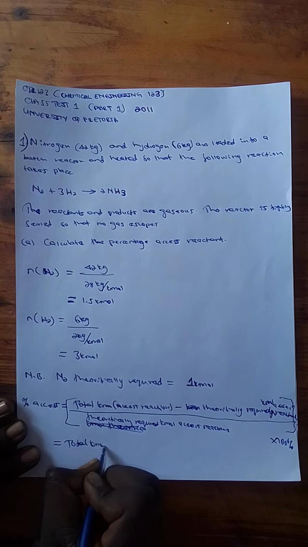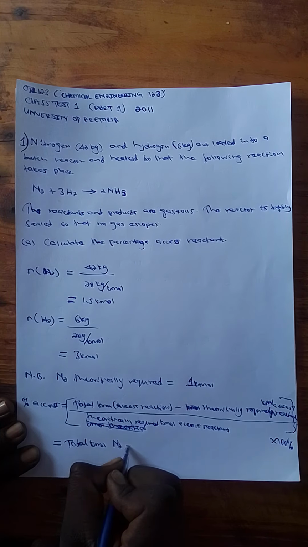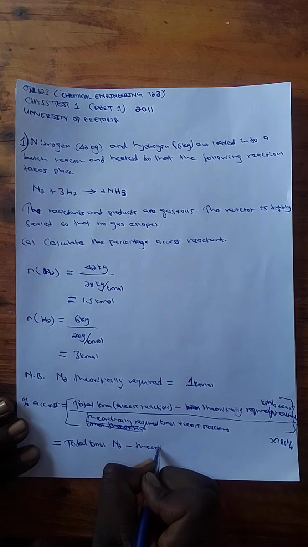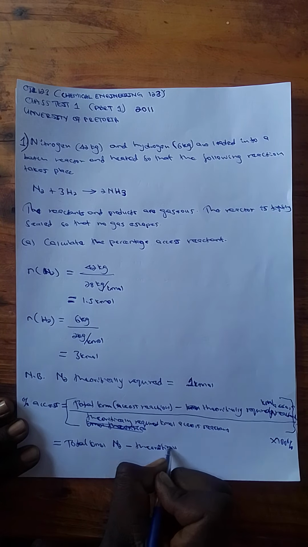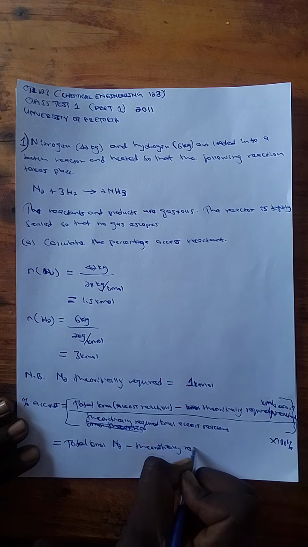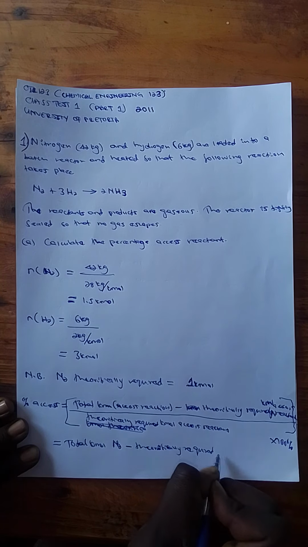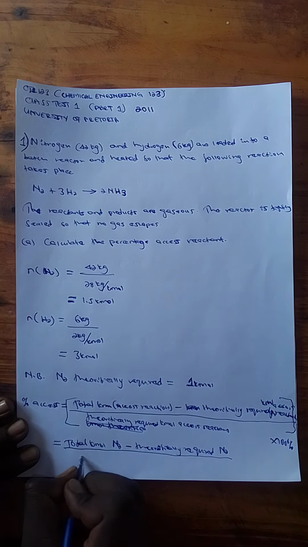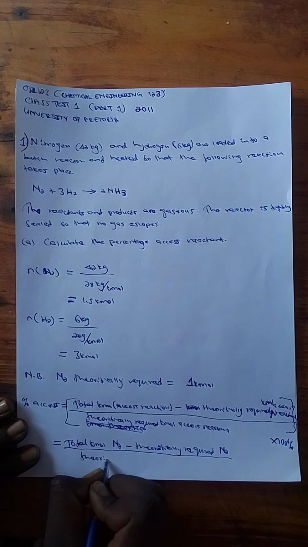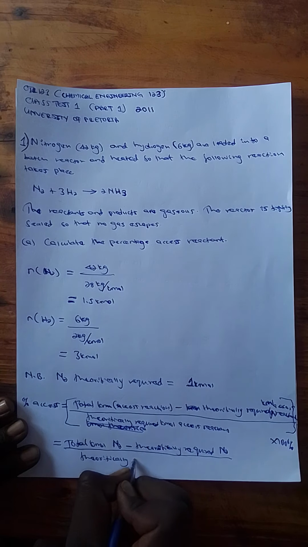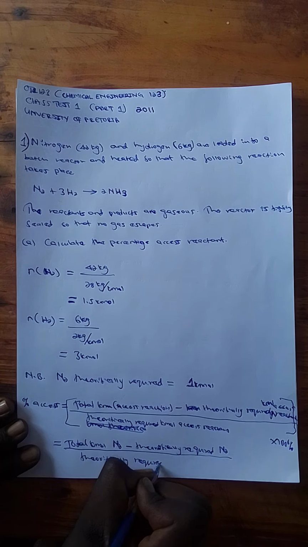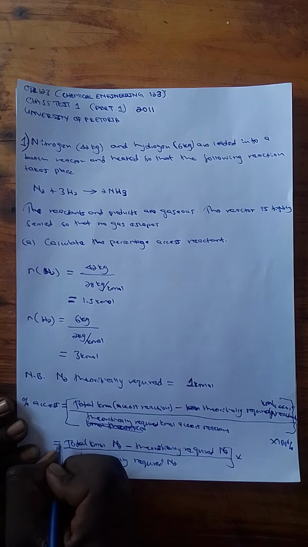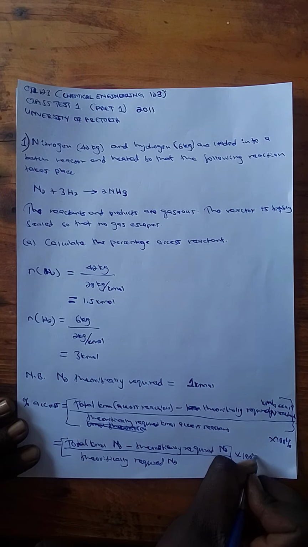Total kilomole nitrogen minus theoretically required nitrogen, all over theoretically required nitrogen, everything else multiplied by 100%.